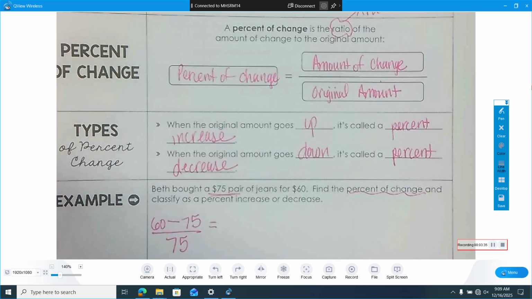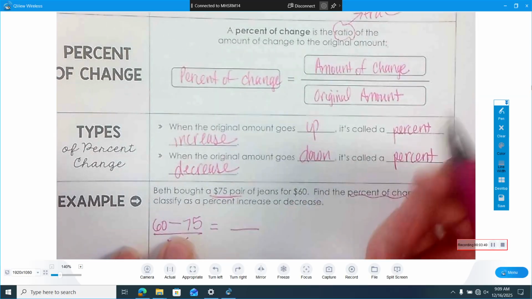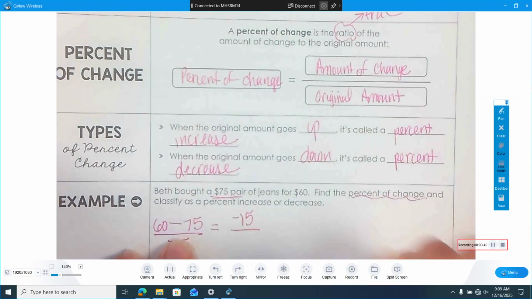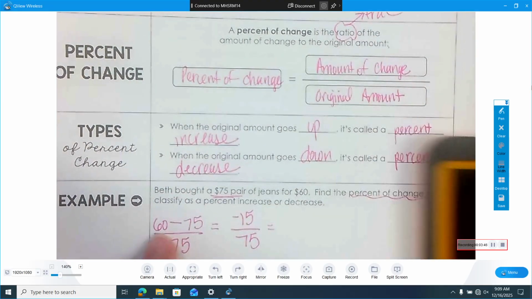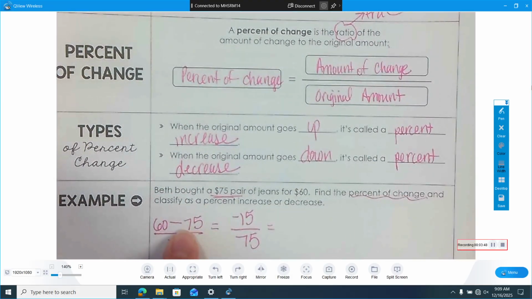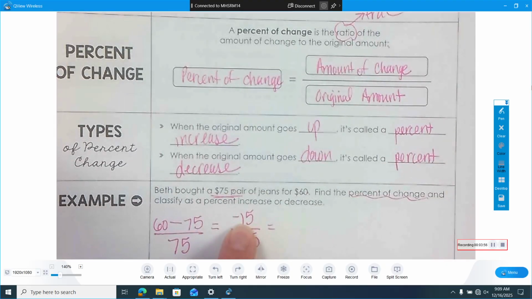Okay. So you'll notice here what happens. What is 60 minus 75? Negative 15 over 75. And so that's what this is doing, the 60 minus 75, the new price minus the old price. And you can see that it's going down, and that's why it's negative.